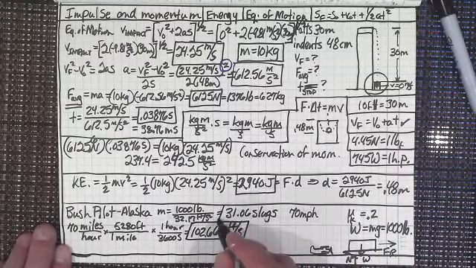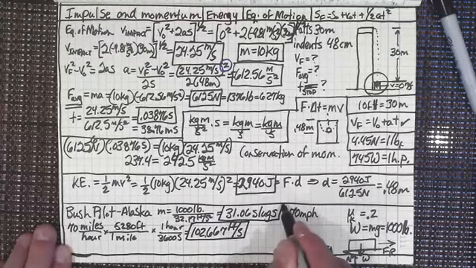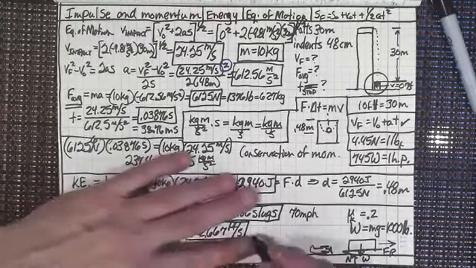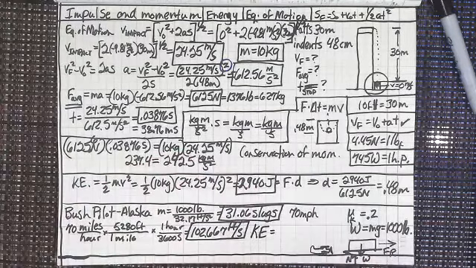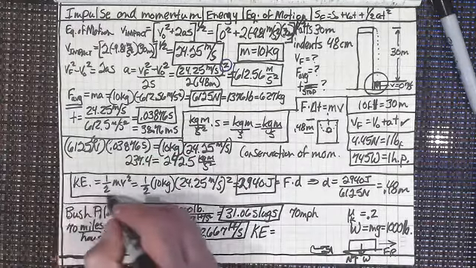We know what the mass of his plane is, so we can easily figure out what the kinetic energy is, because we know the kinetic energy is 1/2 mv squared.